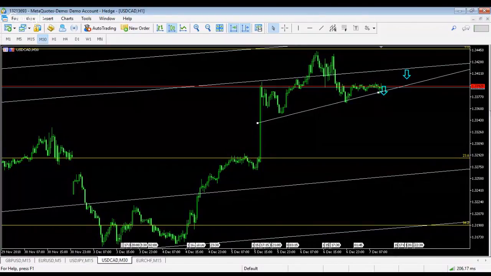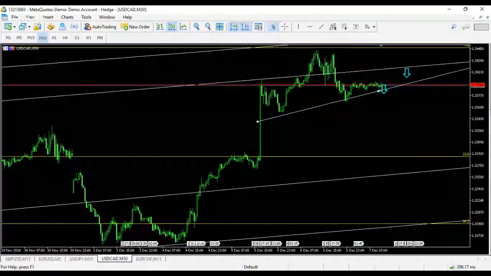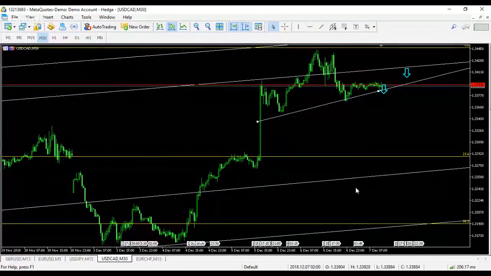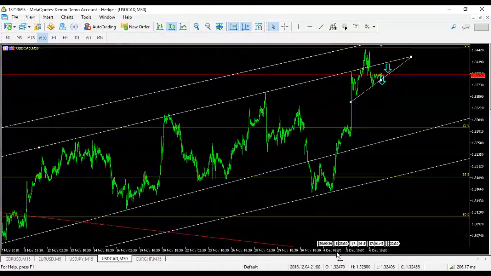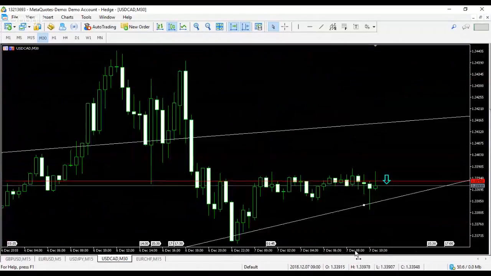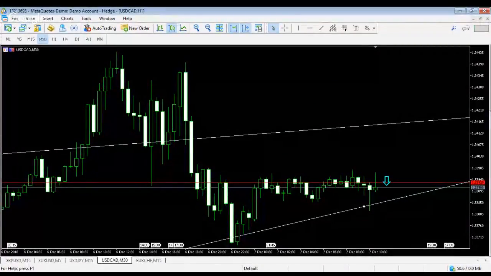Okay, I'm going to zoom in a little bit more so that we can actually see where we are with the chart. A nice strong zooming will give.